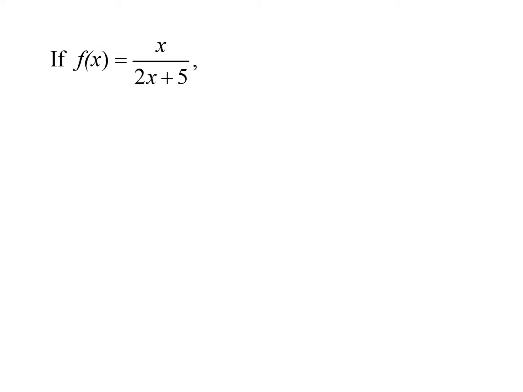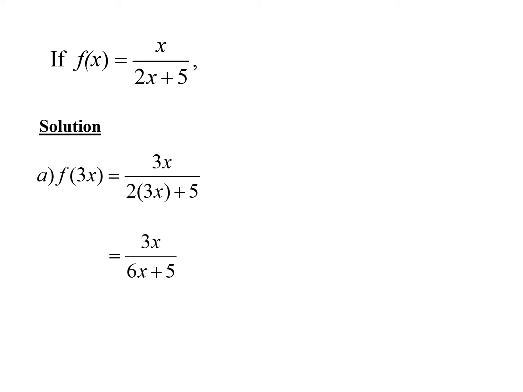For example, we have f(x) equals x over 2x plus 5. So for f(3x), we change x to 3x. Then it will give f(3x) equals 3x over 2 multiplied by 3x plus 5. And then we simplify, we get 3x over 6x plus 5.